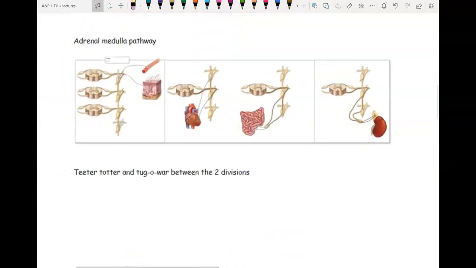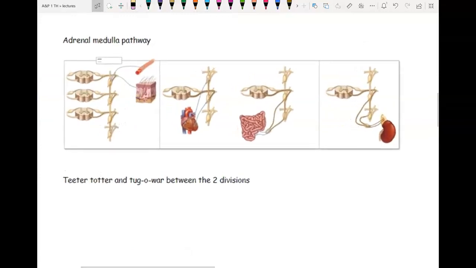So we mentioned the adrenal pathway before, but just to explain it a little more now that we know the receptors and neurotransmitters. So you have some different pathways here. And remember, the brown is the preganglionic. And the blue is your postganglionic axon.